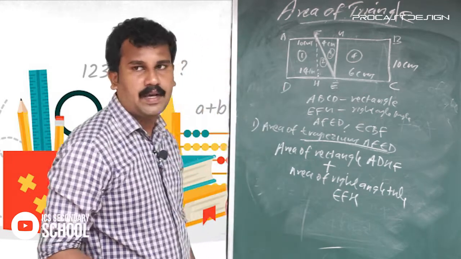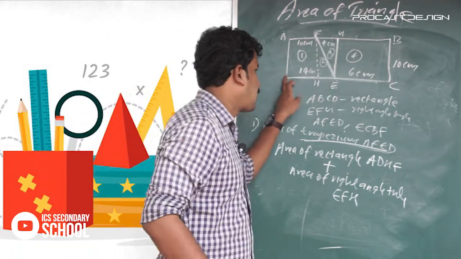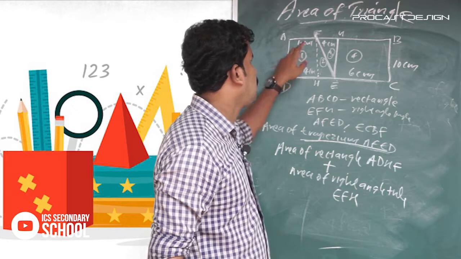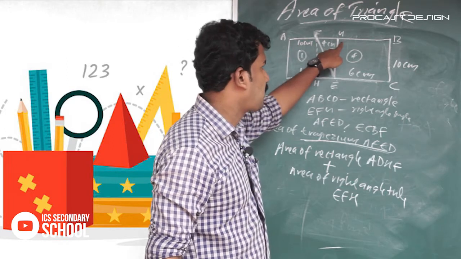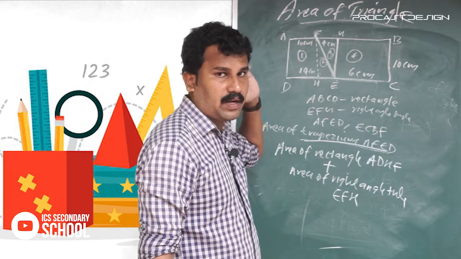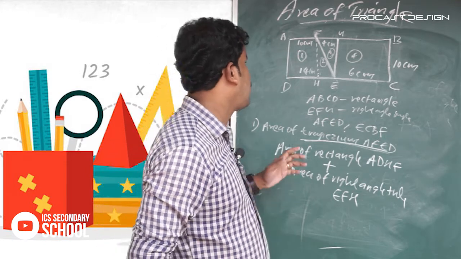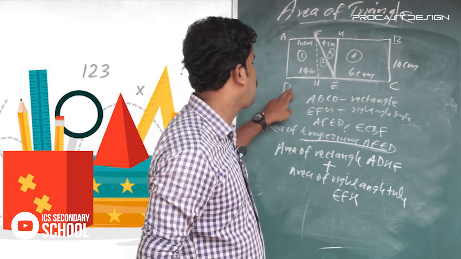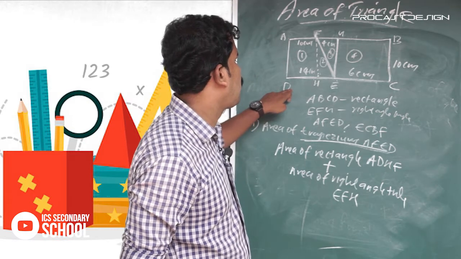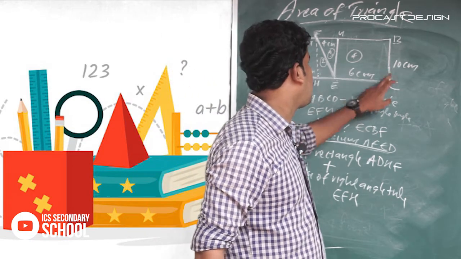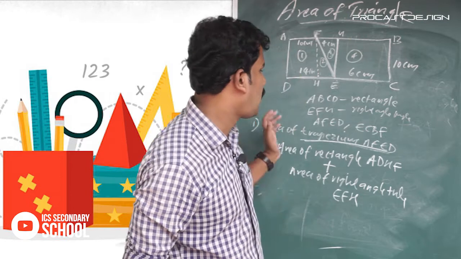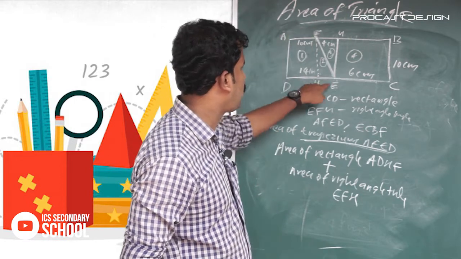So here ABCD is a rectangle and EFG is a right angle triangle. Then we can find the areas of trapezium AFED and trapezium ECBF. First we can calculate the area of trapezium AFED.